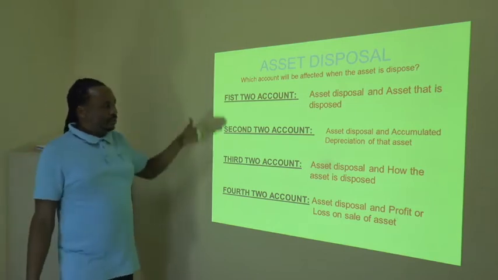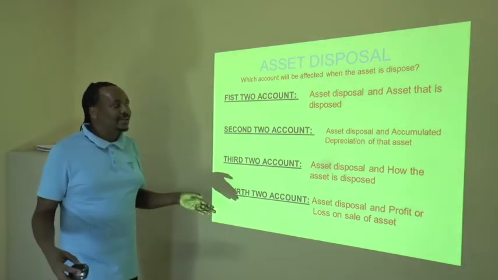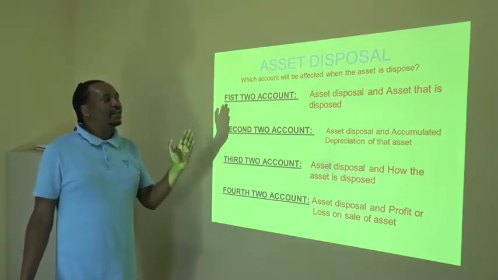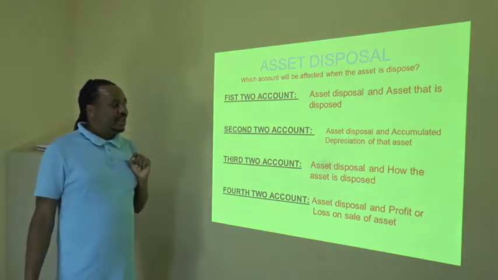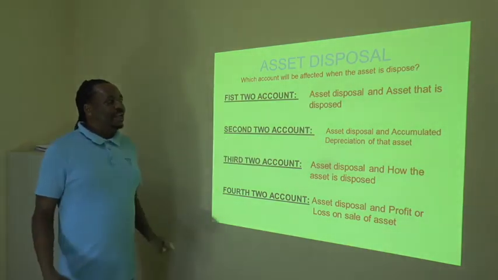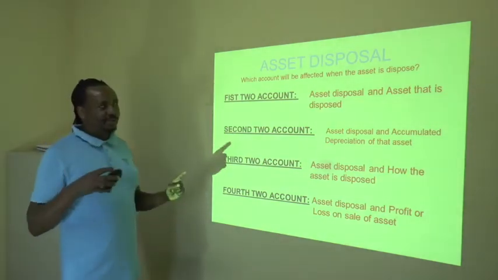Remember, people, as we're doing asset disposal, what controls us is a normal account. The normal account we're talking about is the accumulated depreciation. The asset disposal account will be controlled by this normal account.